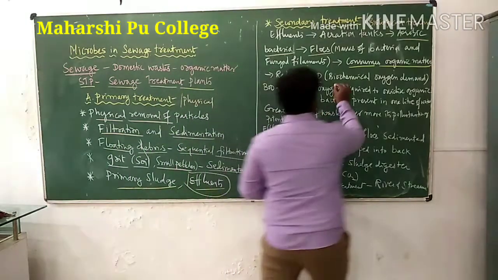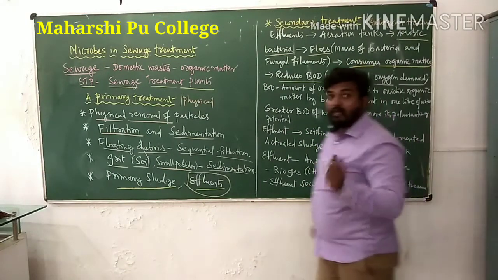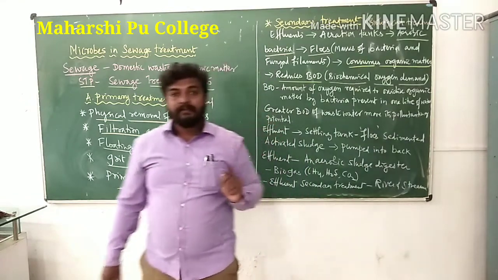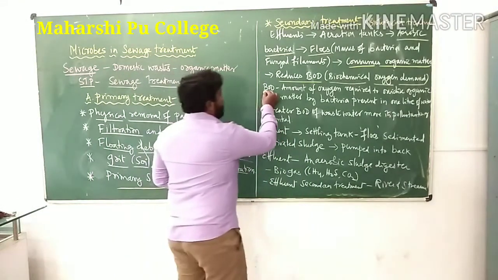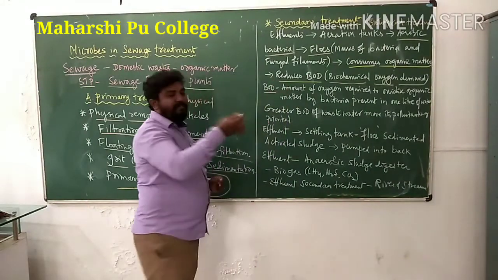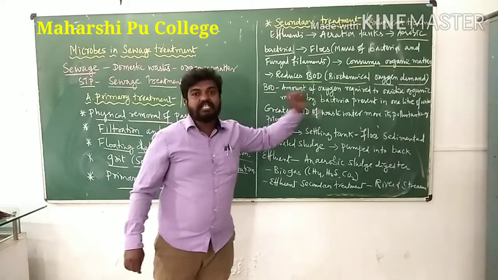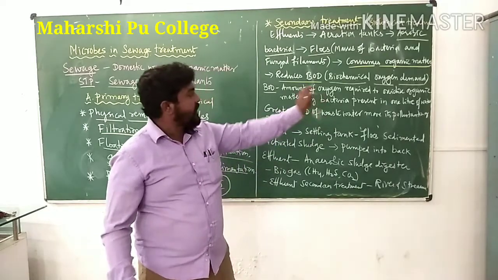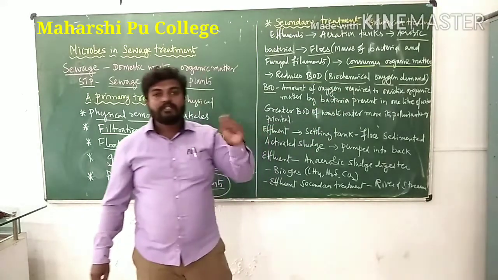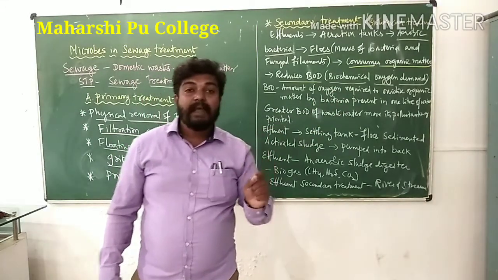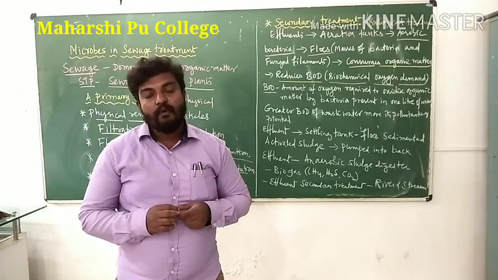BOD refers to the biochemical oxygen demand. Biochemical oxygen demand. So what is BOD? BOD is the amount of oxygen required to oxidize the organic matter by the bacteria that is present in 1 liter of water.